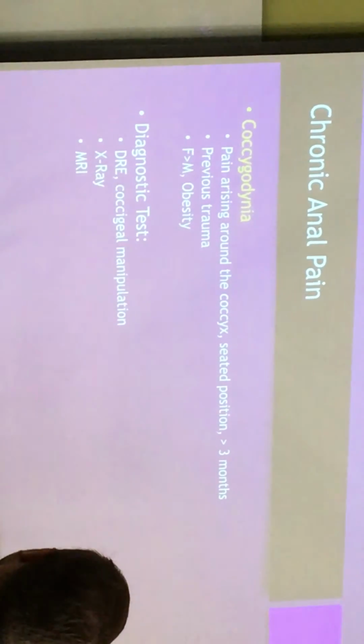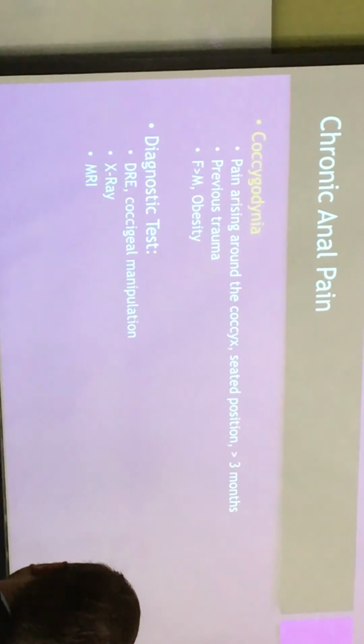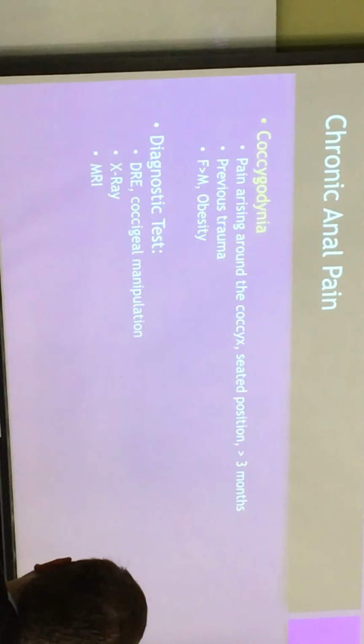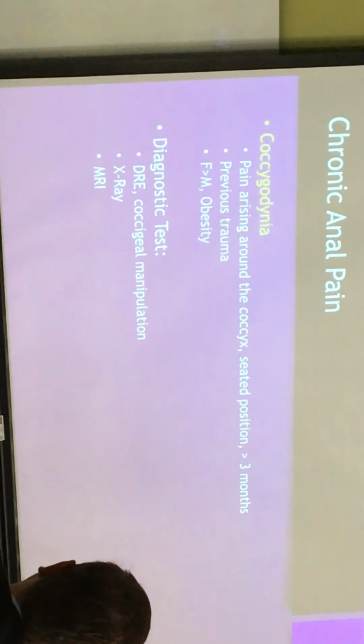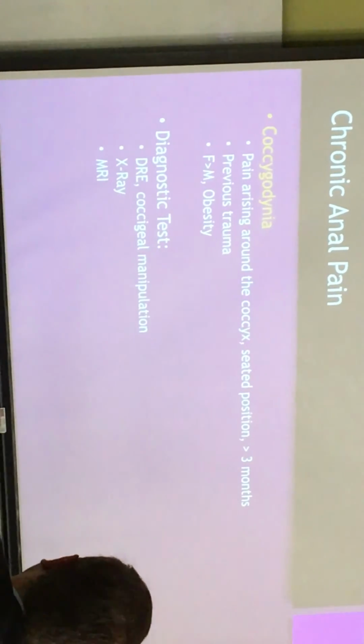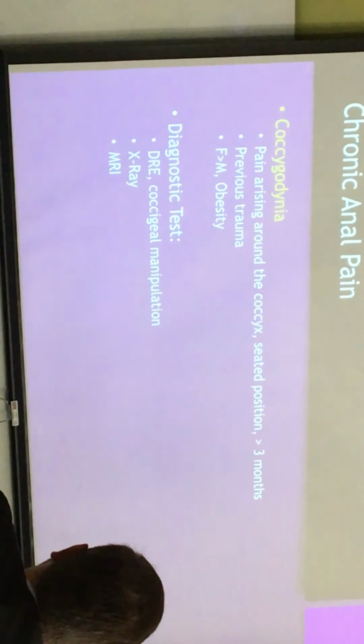Pain arising around the coccyx, usually in the seated position, and the diagnosis is made if the pain lasts more than 3 months. It is very common to find previous major or minor trauma in the history of the patient, and it is more common in females with high BMI.